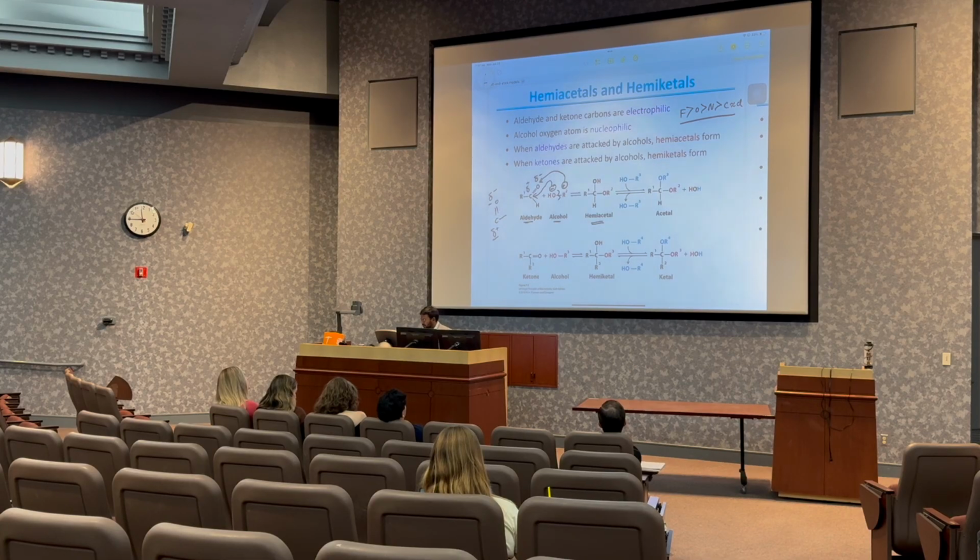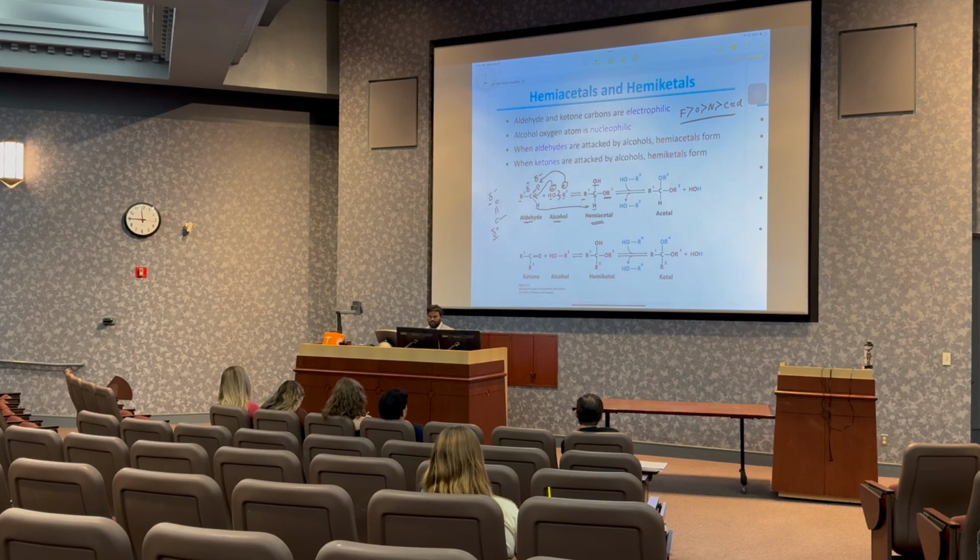Can you see this R from here? It's already over here, same position. Can you see this hydrogen is over here, and you have OR, which is this oxygen and this R. And you have another group, which is OH.